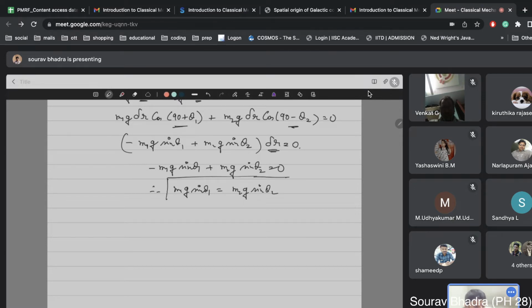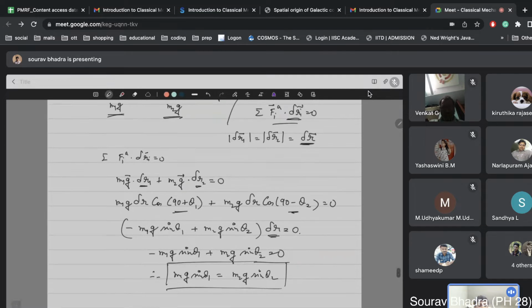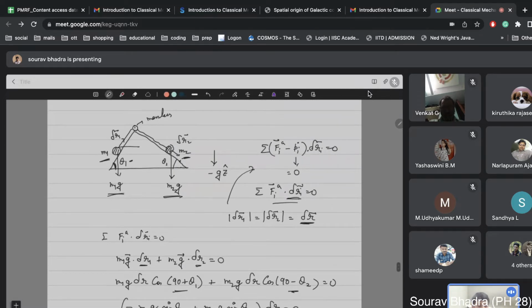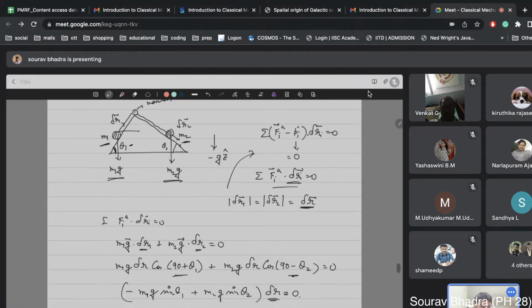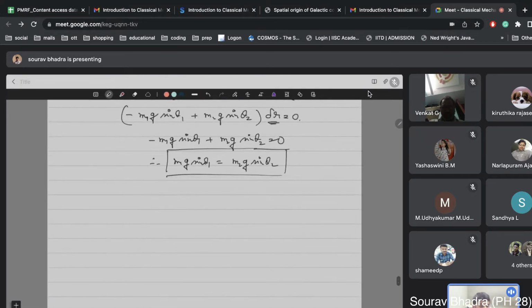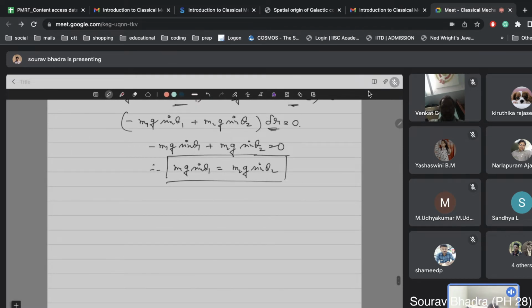So for a triangular table type system, for stable equilibrium the equation should be m1g sin theta 1 = m2g sin theta 2, which comes from D'Alembert's principle itself.